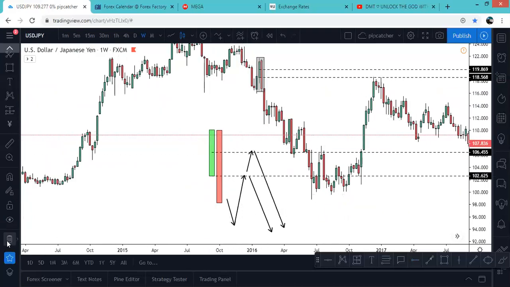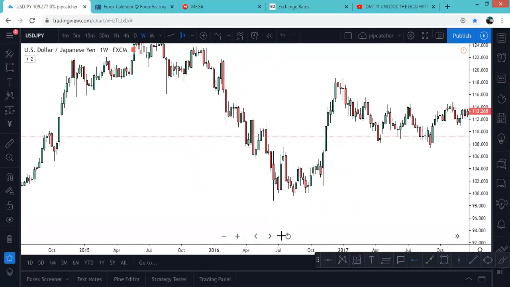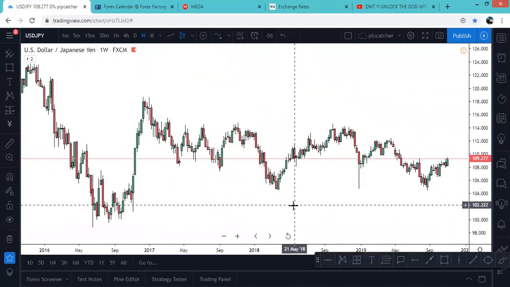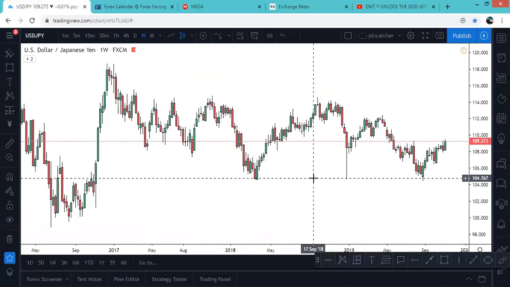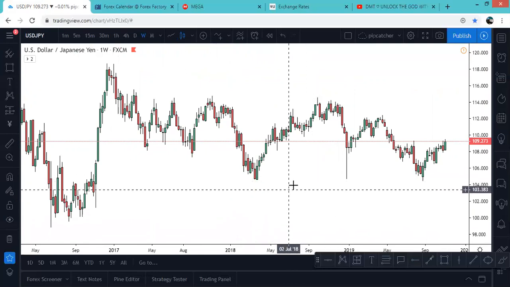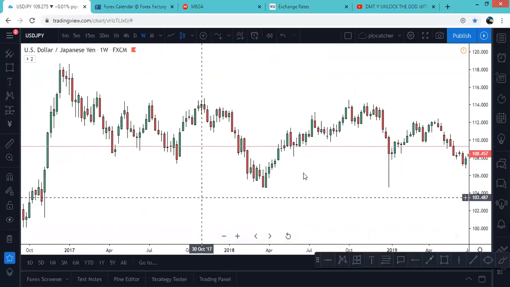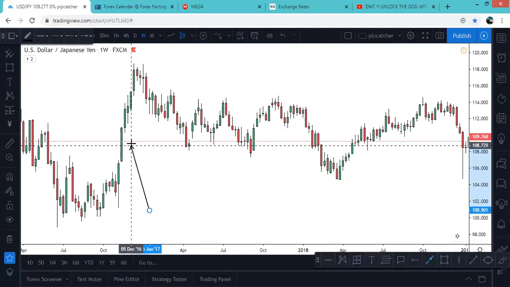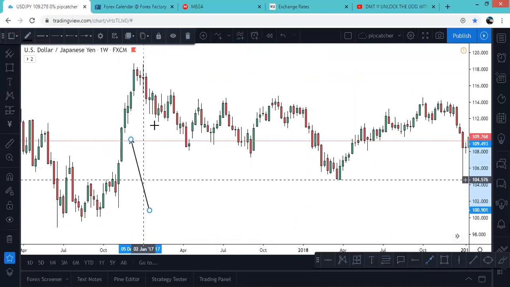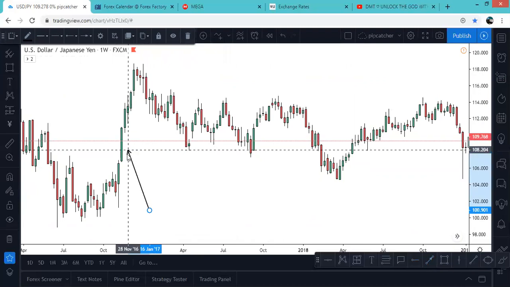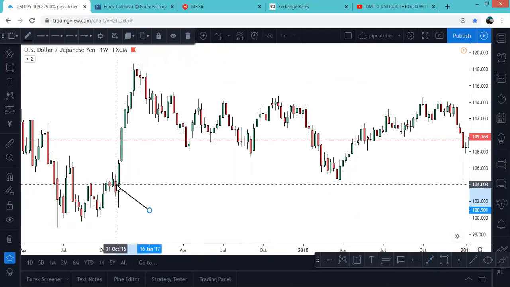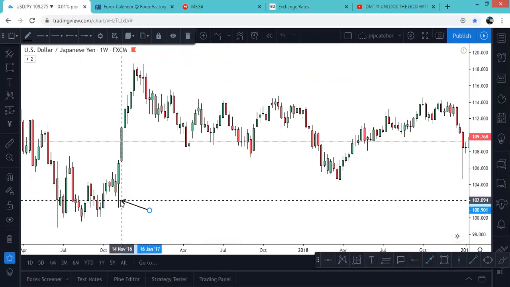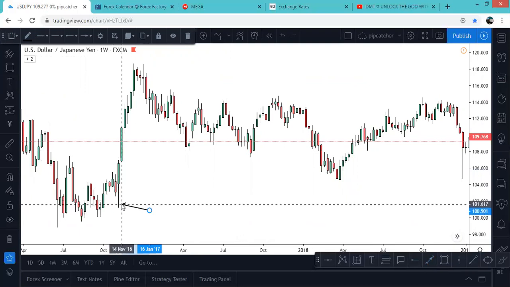Yeah, so that's basically it. Just look for simple setups in the market like that. Yeah, there's another one right here. Look, so this is my last example right here. So look, you see this fast impulsive move up, right? You see down here, this candle shot down, right?